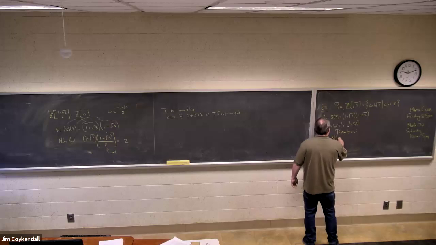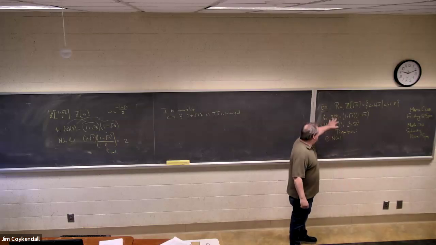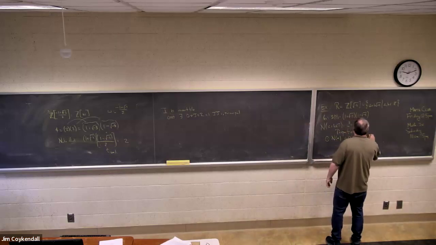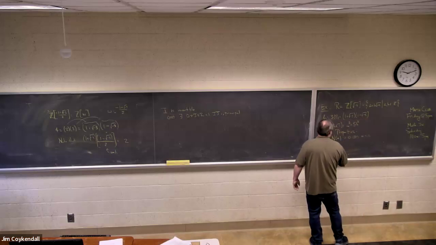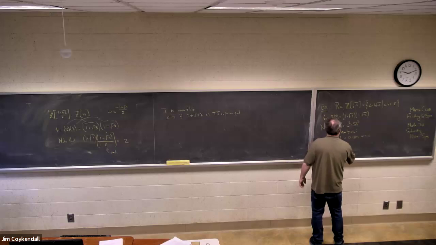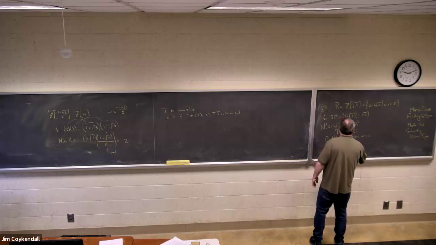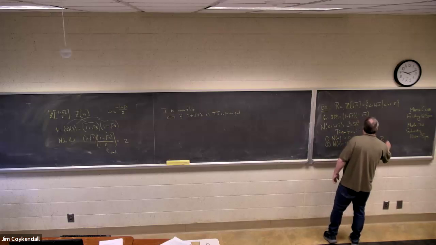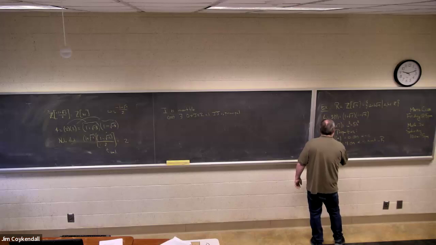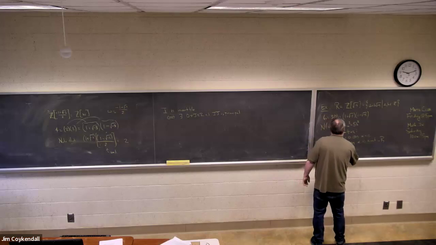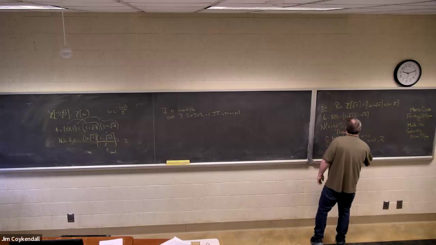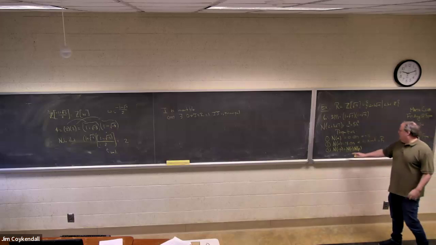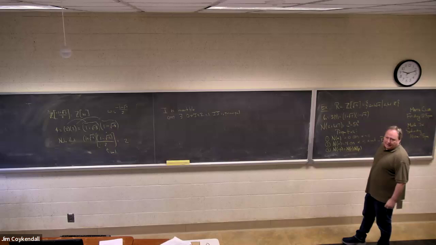One, the norm of alpha, where I'm taking alpha to be an element of this ring, is zero if and only if alpha is zero. These are all fairly easy to prove. Two, the norm of alpha is plus or minus one if and only if alpha is a unit in the ring. And three, the norm of alpha beta is the norm of alpha times the norm of beta. In fact, you can rip off at least this one from that one.